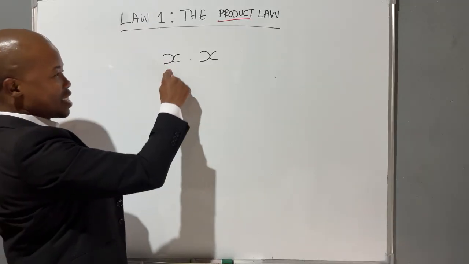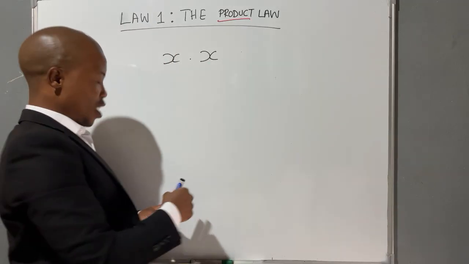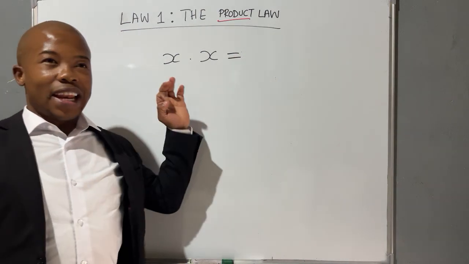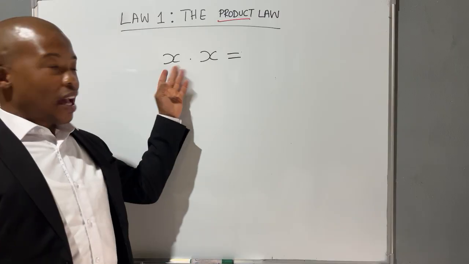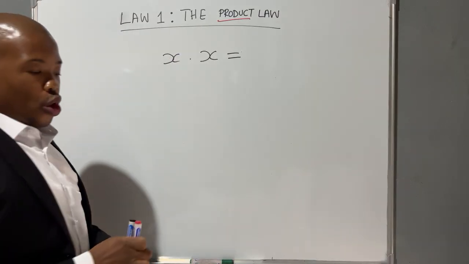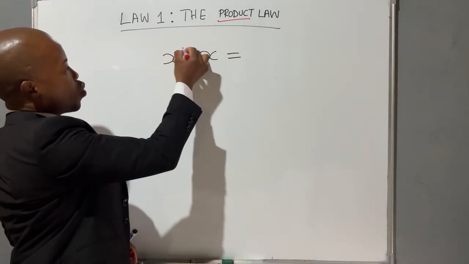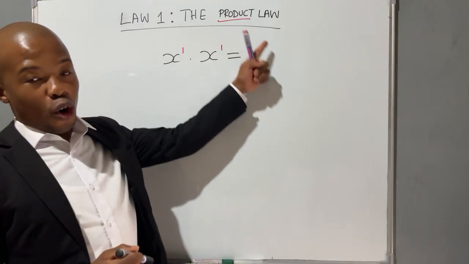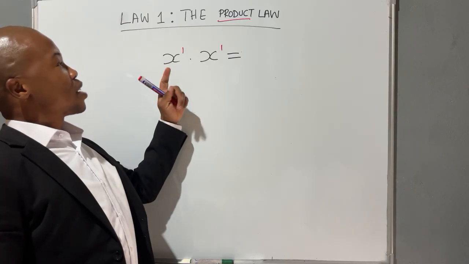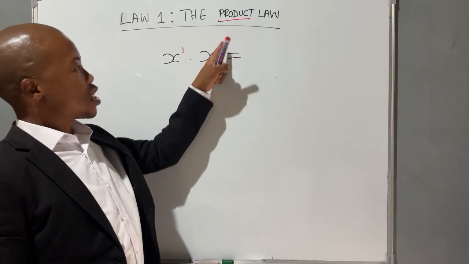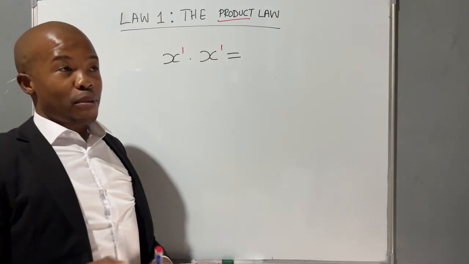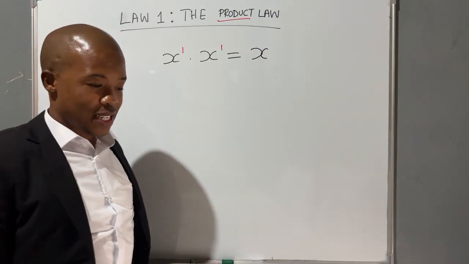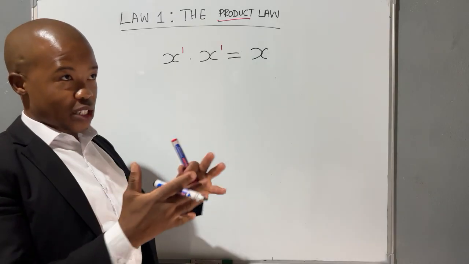So x times x will give us what? Remember I said, when you see a number or a variable and it doesn't have an exponent, know that its exponent is 1. Therefore, using the product law, we are going to say x to the exponent 1 times x to the exponent 1 equals, remember we keep the base, which in this case is x, and then you add the exponents.